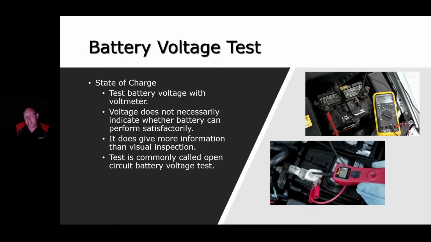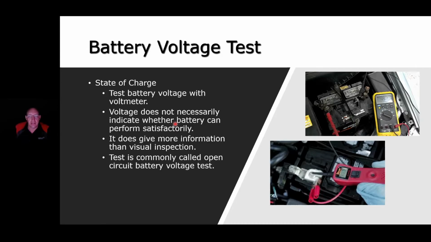But I can tell you that there is absolute science behind the state of charge. Okay, we test the battery voltage with a voltmeter. This is how we do it. We take and test the battery with a voltmeter. Okay, does the voltage necessarily indicate whether the battery is satisfactory or not?